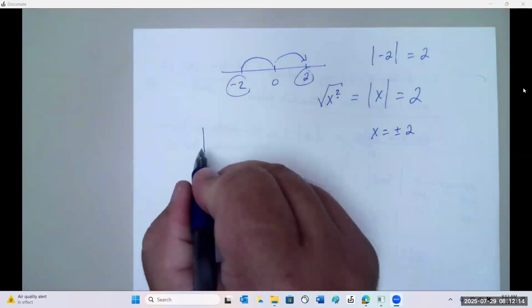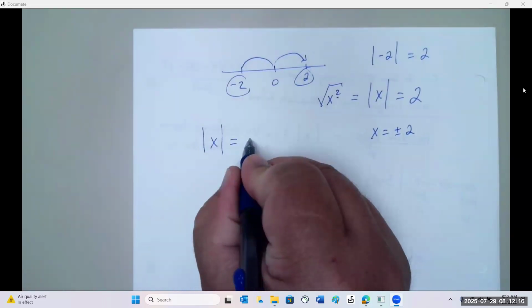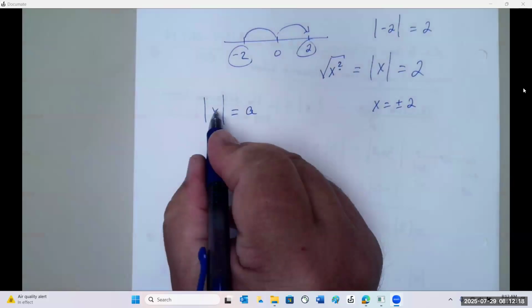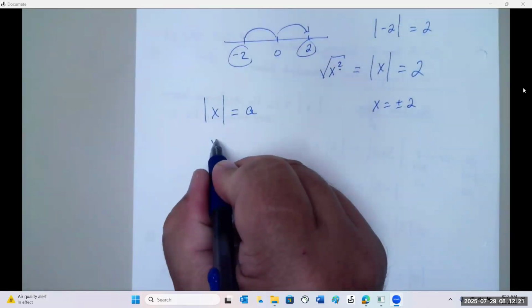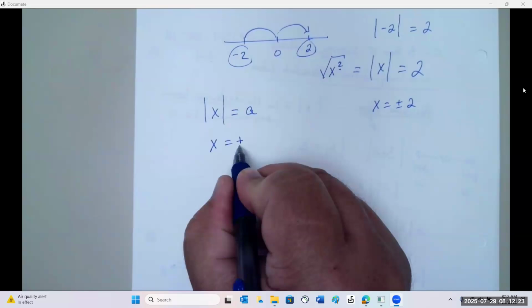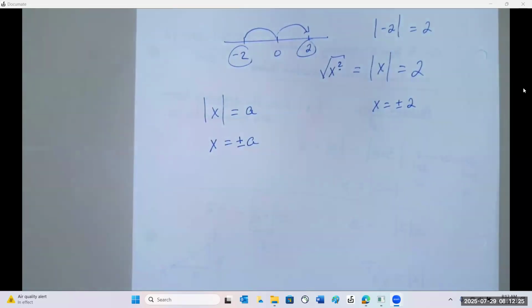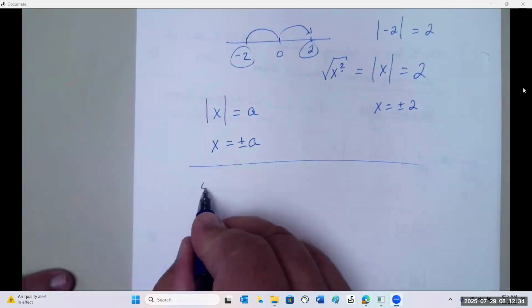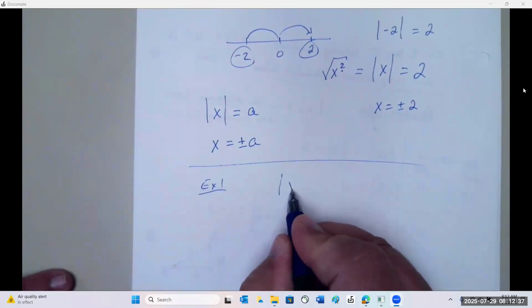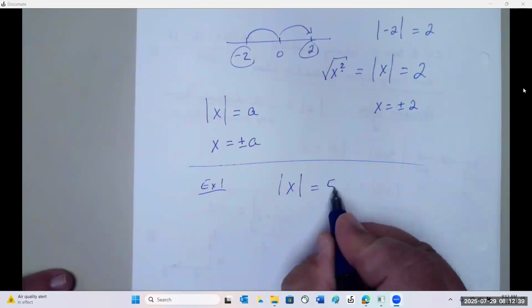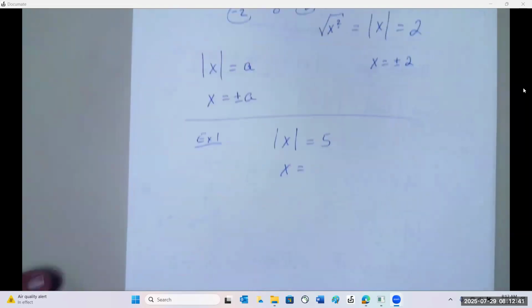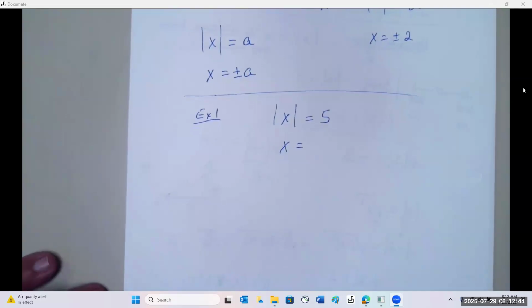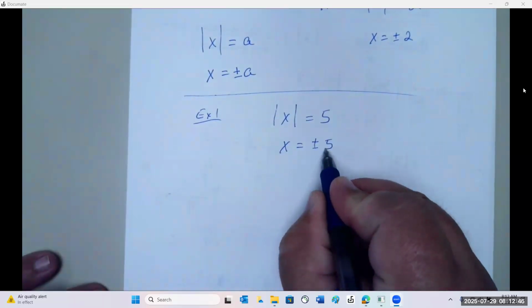Or in general, any number I put in there, when I drop the absolute value signs, I put a plus or minus in front of the answer. That gives me my 2 answers. That makes sense? So, for example, if I said my absolute value equals 5, what does x equal? Positive, negative 5.